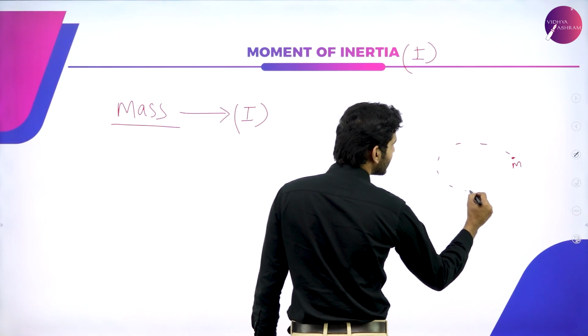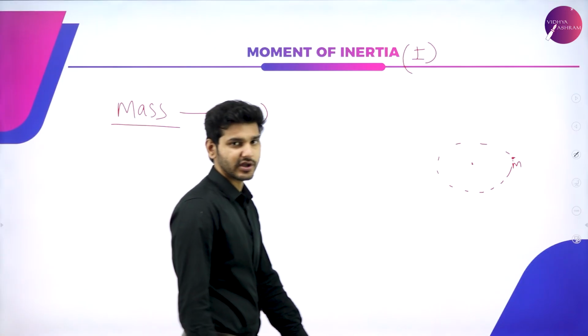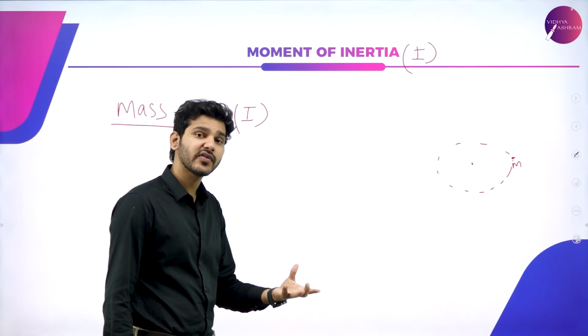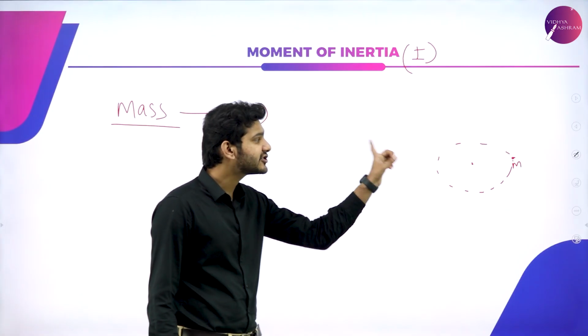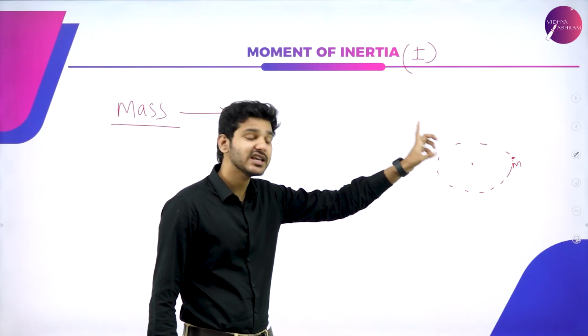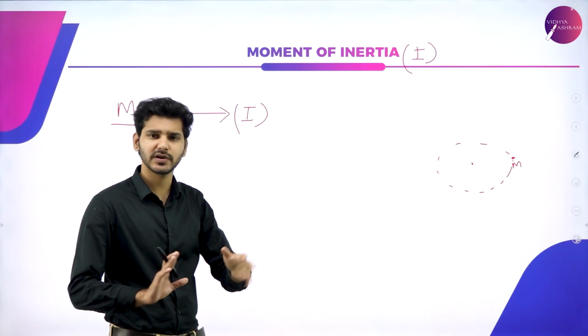If I spin a particle like this around a point, then I can say that the reluctance of that particular particle to rotate around that particular point is known as moment of inertia. That is the simple definition.